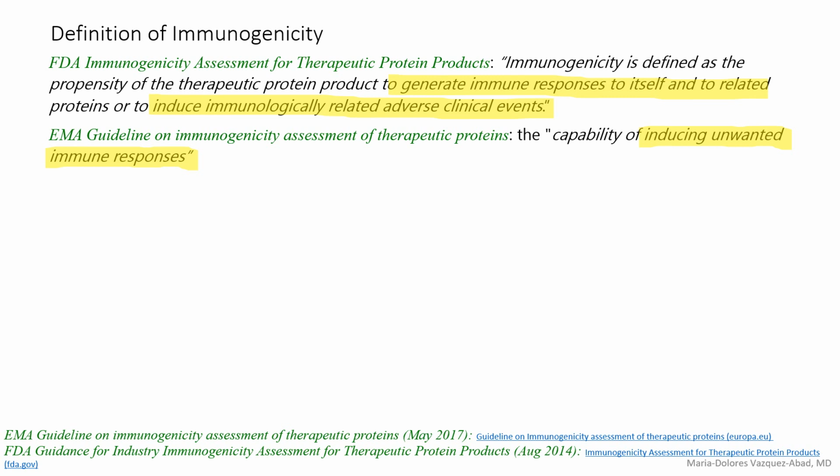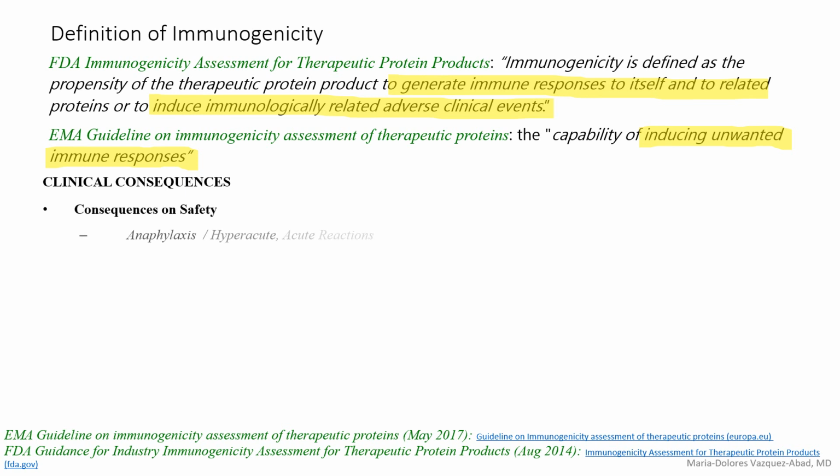It's shorter, but it basically states the same. Any kind of immune response that is unwanted and it's induced by the drug is considered an immunogenically related adverse event. So how do both guidelines guide us into what to follow in terms of safety?